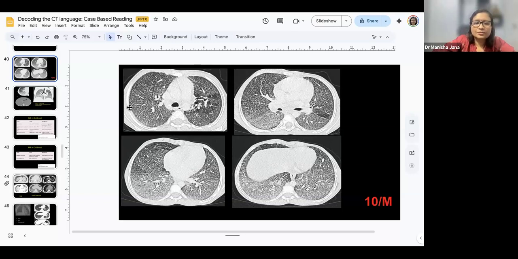Anything above the level of the minor fissure will be the upper lobe, and anything posterior to this major fissure will be the lower lobe. So this is broadly how you define the lobes by fissures. And by bronchus, you'll have to trace it from the trachea, carina, and the bronchial branching to call which lobe it is going to.